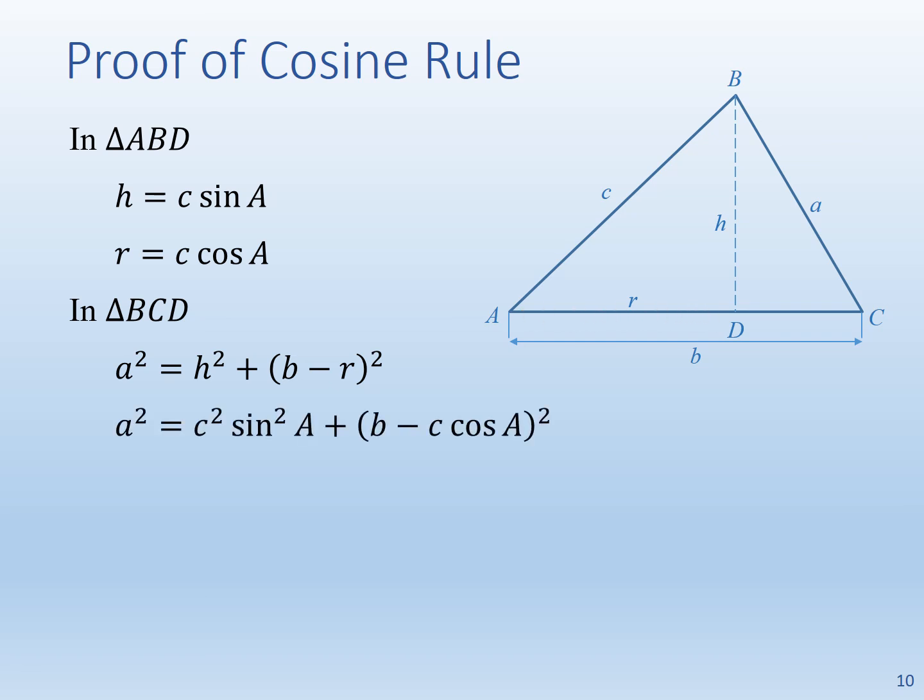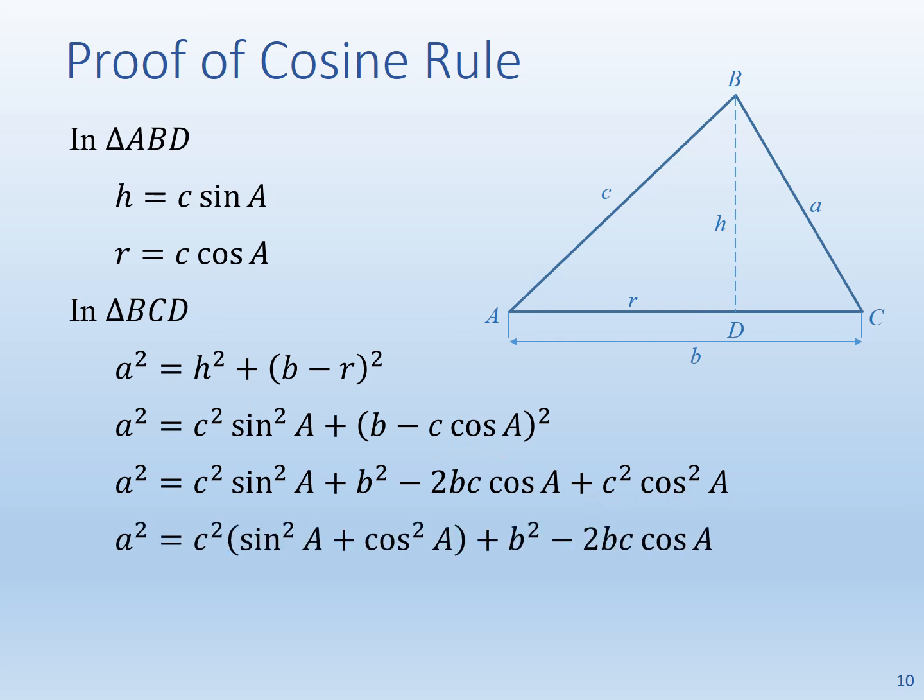So now we'll replace the h with c sine A, we're squaring it, and the r we're going to replace with c cosine A. We now expand this bracket to get the first term squared, 2 times the first times the second there in the middle, and then we'll get the last term squared.